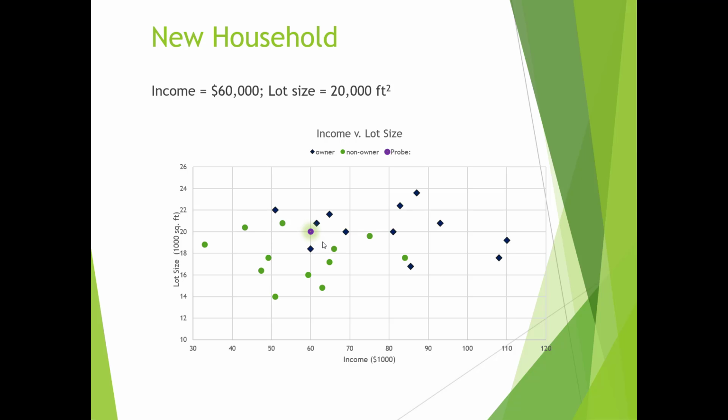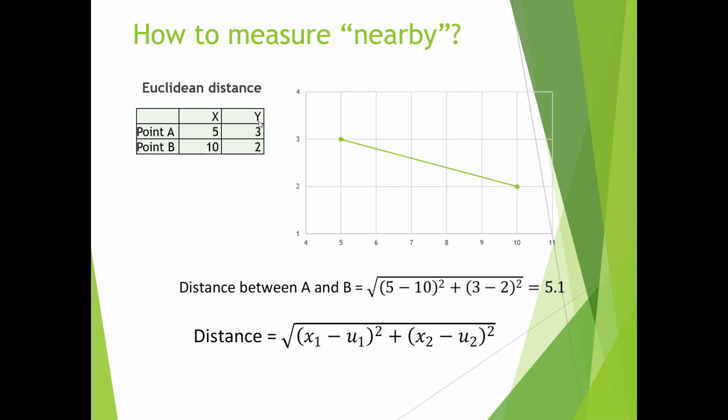If you have only two predictors, so you have an x-axis and a y-axis, right? Then here is how you will compute the distance between two points. Okay, so you have an x-axis and a y-axis. Point A is 5 on the x-axis, 3 on the y-axis.